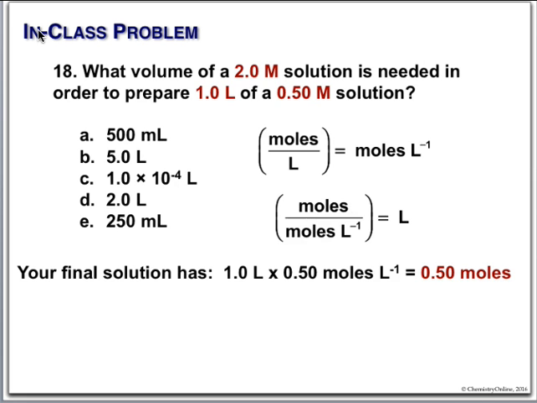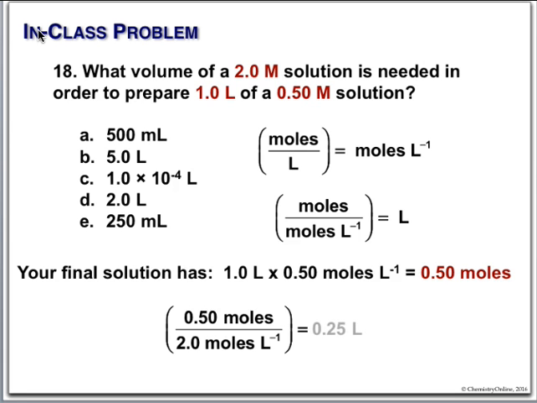So let's just rearrange it. We have 0.5 moles. Our starting solution here is 2 molar. So 0.5 moles, 2 molar. How much do you need? 0.5 divided by 2, 0.25 liters, which of course is the same as 250 mLs.